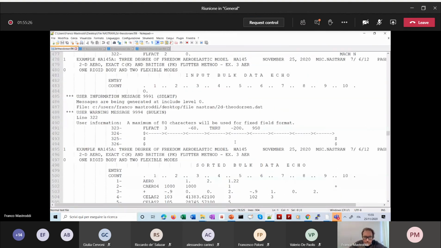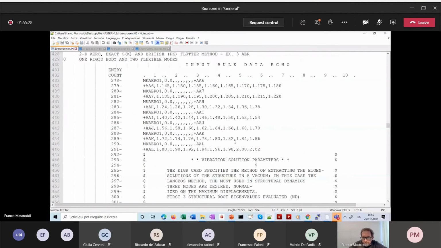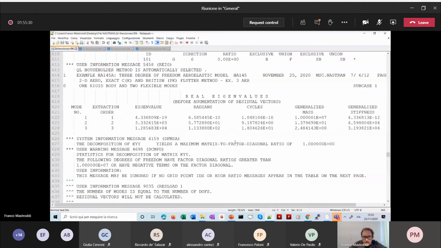Just to be rough in the description, you see here, for example, the real modal analysis, and these three are the first, second, and third natural frequencies of my system. The first natural frequency is practically 0 because I have 10 to the power minus 10, so I have a rigid body motion, because my system is not clamped to anything.